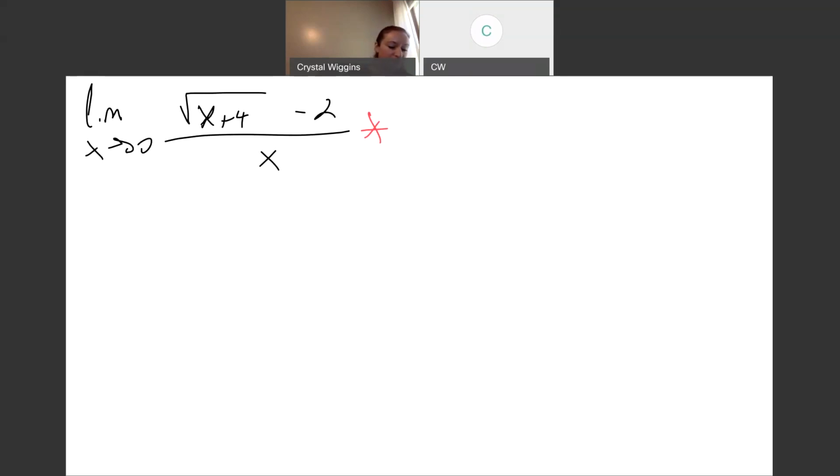Now the conjugate says use the same exact square root, but change the sign of the value outside here. So this is going to be a +2, and you have to multiply by the same thing over the same thing in order for it to be a 1. Therefore, you're not officially changing anything value-wise.